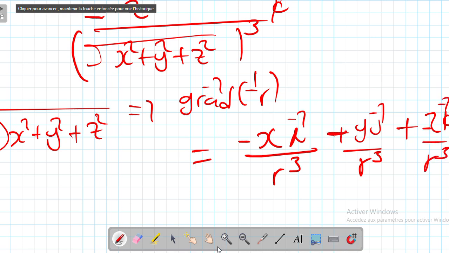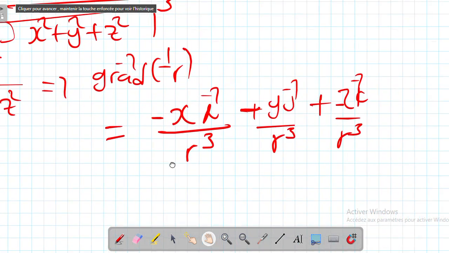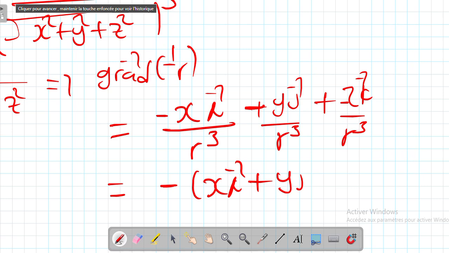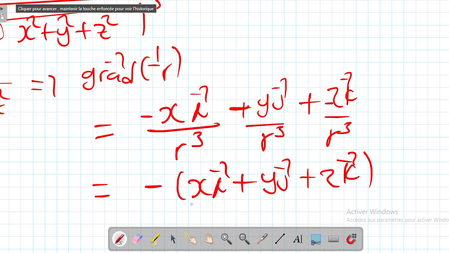Then what else are you going to observe? When I factor out the negative, I'm going to have x in the direction of i plus y in the direction of j plus z in the direction of k, everything over r3. So what is this?